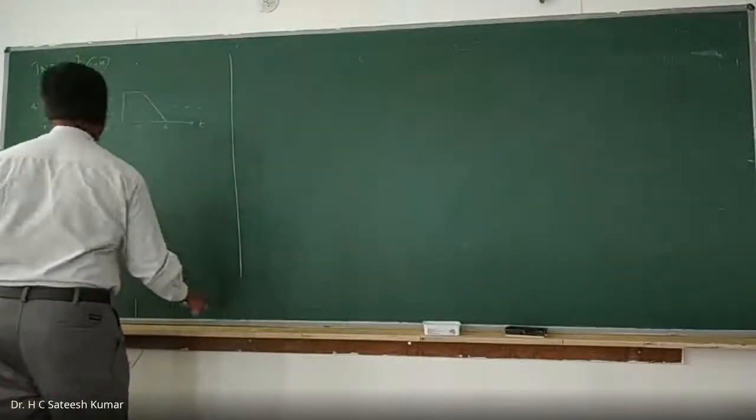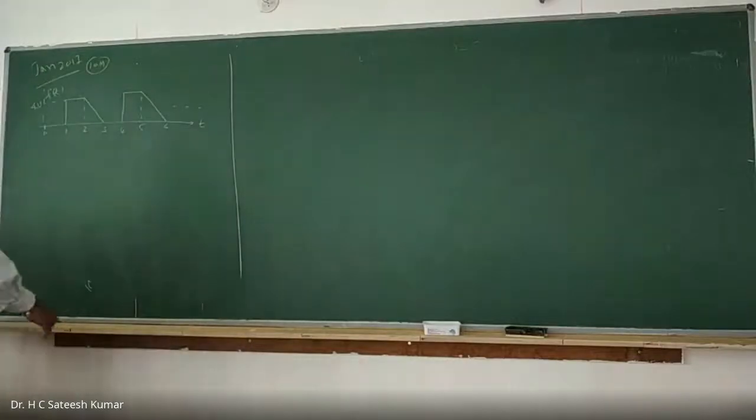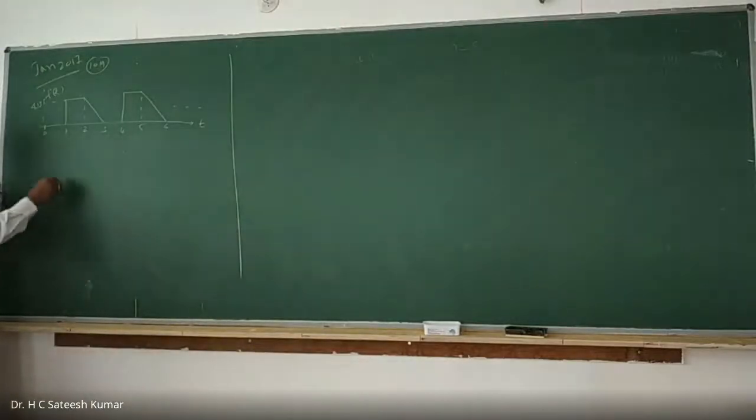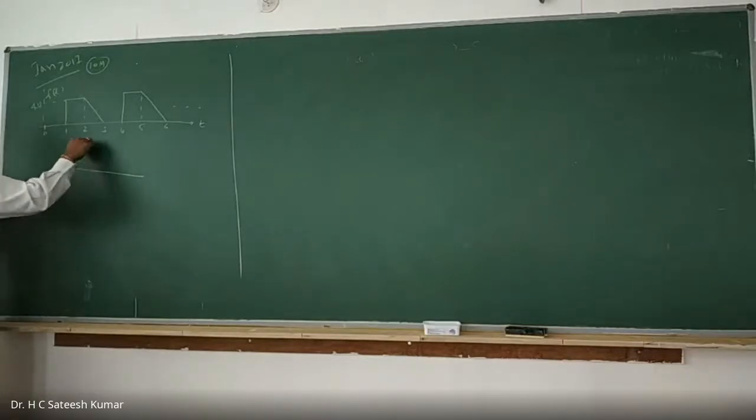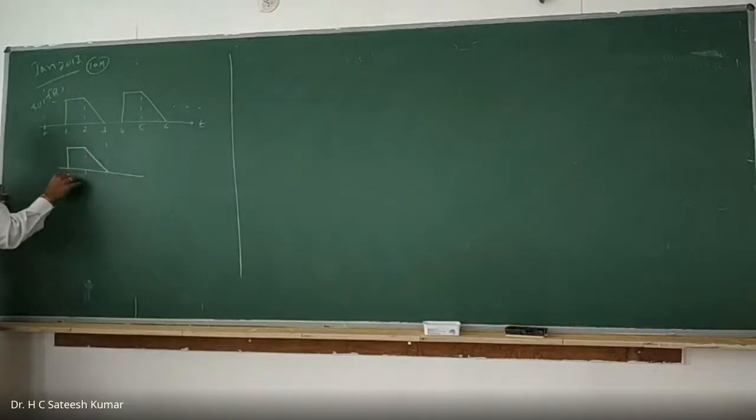What is that we have? V of t. First f1 of t, I'll write it. f1 of t is this one. This is the one period. One period you take it as f1 of t.